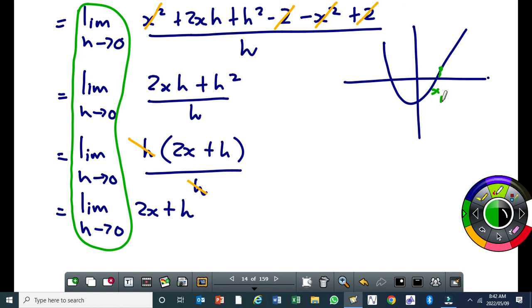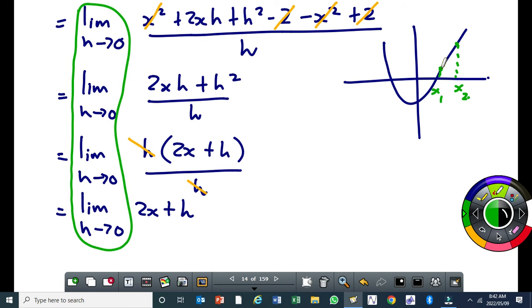If you want to find the derivative using the concept of average gradient at a specific point, you need to choose a second point such that you know the x value there. So the second x value becomes x2. But that x2 is going to be equal to x1 plus h. So if the distance between x1 and x2 becomes 0, it means we are back to this point.